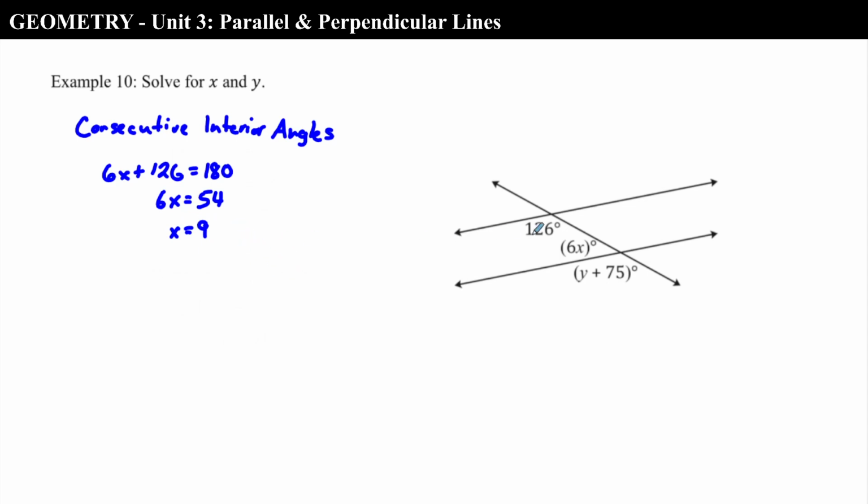Now that we have that, we know that for the y, 126 and y plus 75 are corresponding angles. And since they're corresponding angles, we can set them equal to each other. And so subtract 75 from each side, and you get y equals 51.